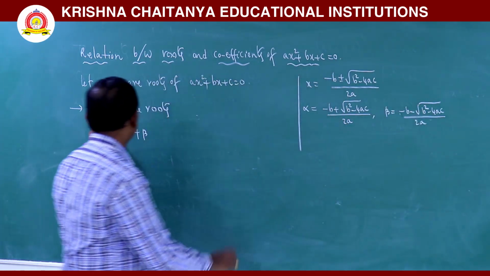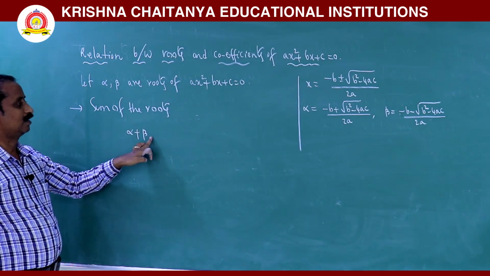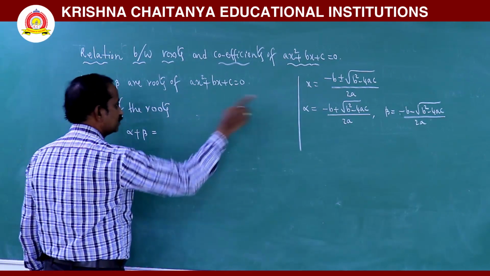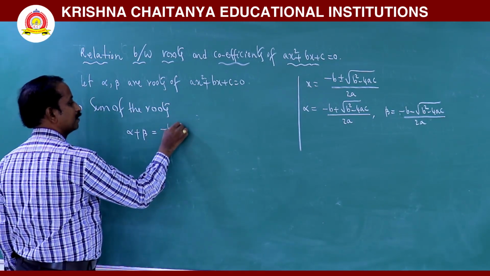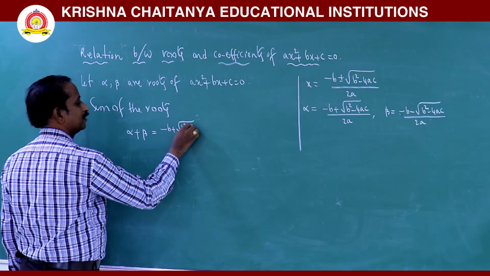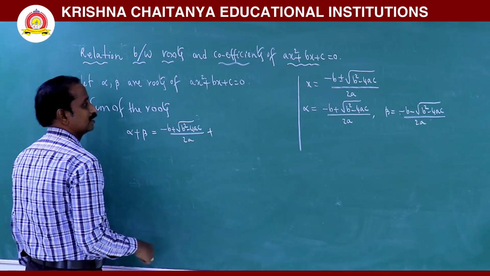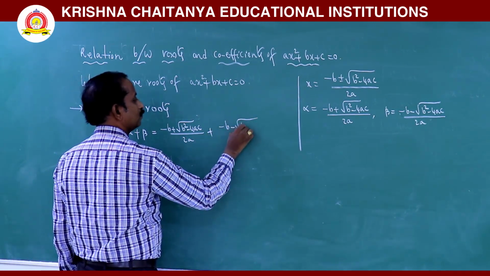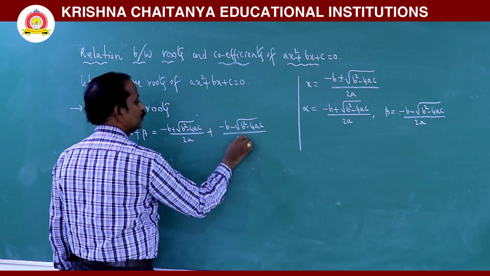What we want first is the sum of the roots, which means alpha plus beta. Alpha is nothing but minus b plus root of b square minus 4ac divided by 2a, plus beta, which is nothing but minus b minus root of b square minus 4ac divided by 2a.